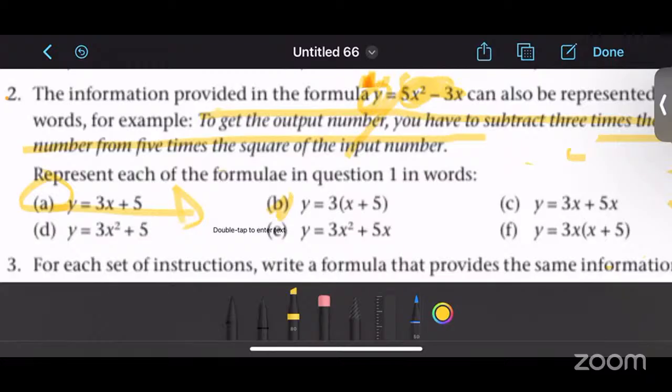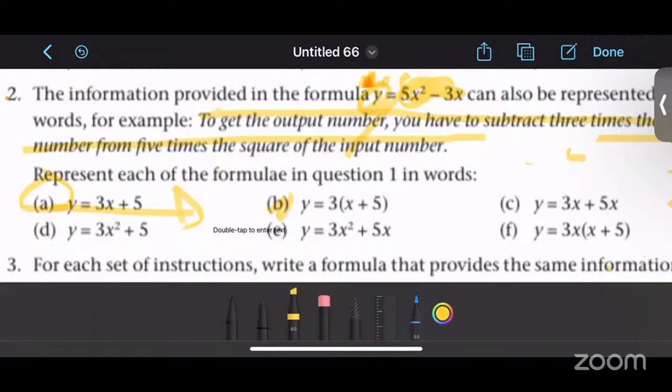To get the output number, in brackets, you have to calculate the input plus 5 and then apply multiplication by 3. Okay, thank you.